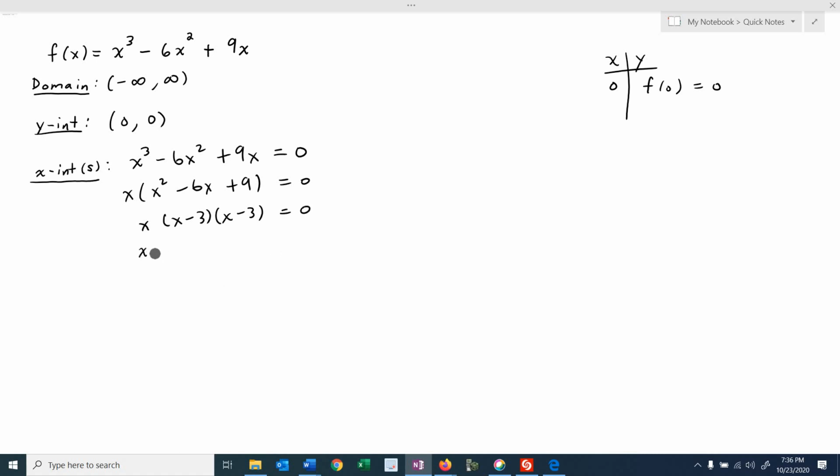And so that means x would have to be either 0 or 3. Obviously this is also an x-intercept as well as a y-intercept. But in addition to that, we also have an x-intercept at (3, 0).